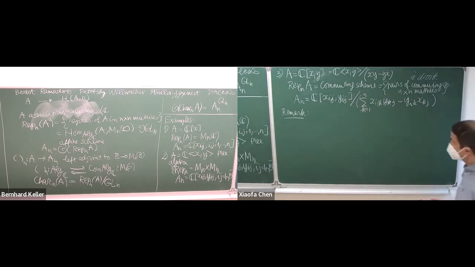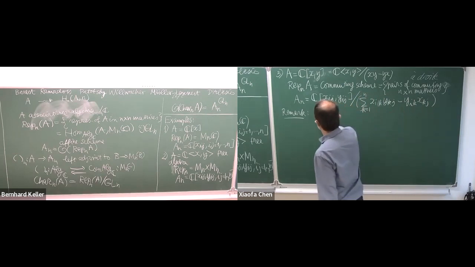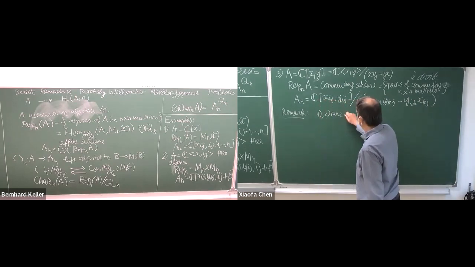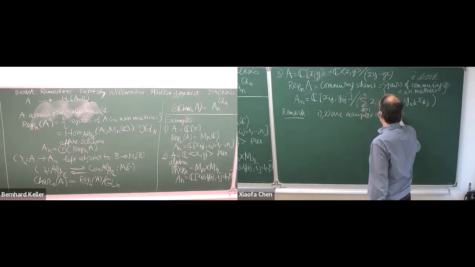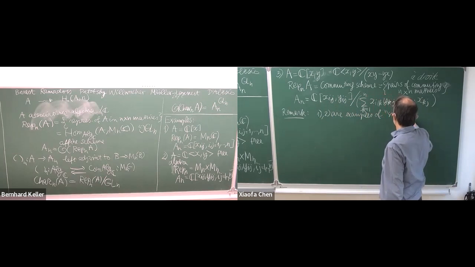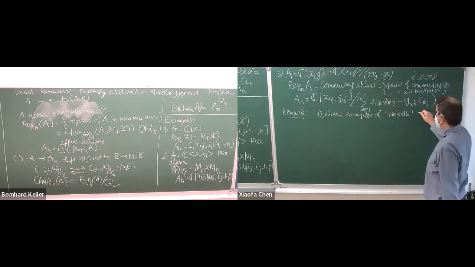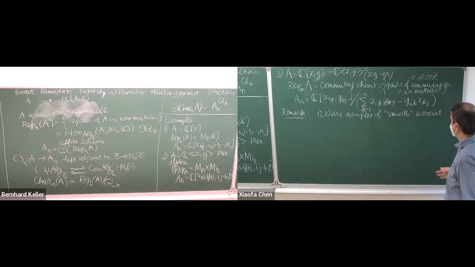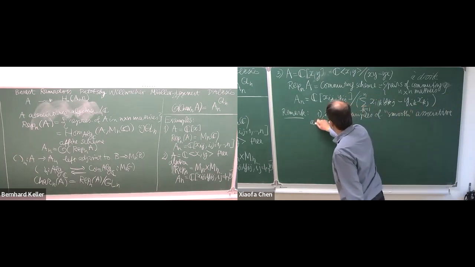And so examples 1 and 2 are examples of smooth associative algebras. The technical name is something that turns out to be formally smooth, in the sense of Kontsevich.